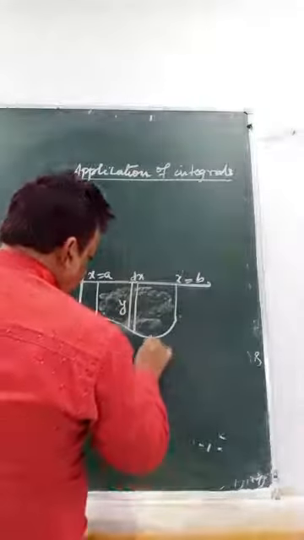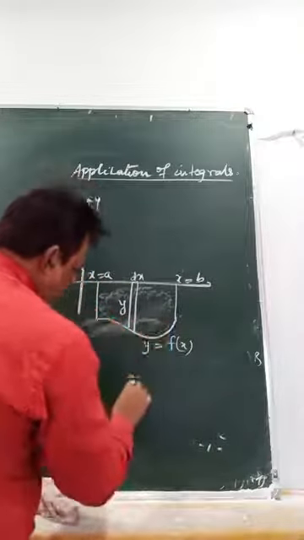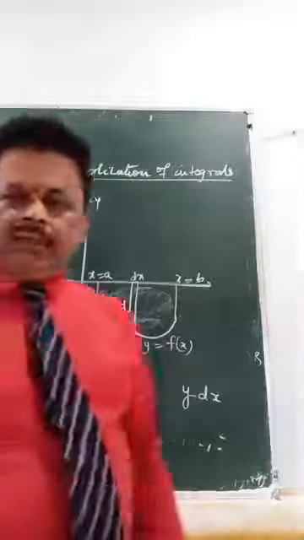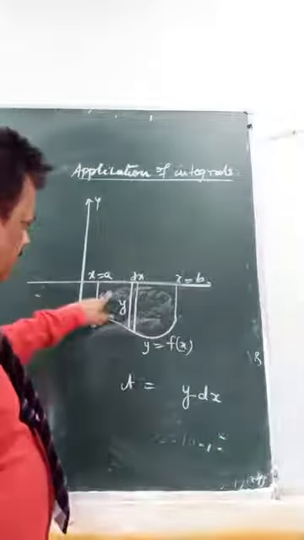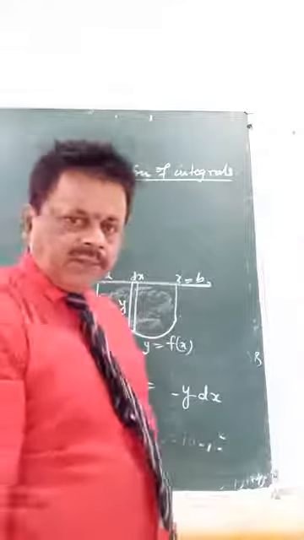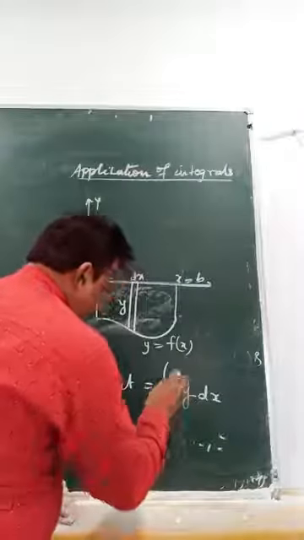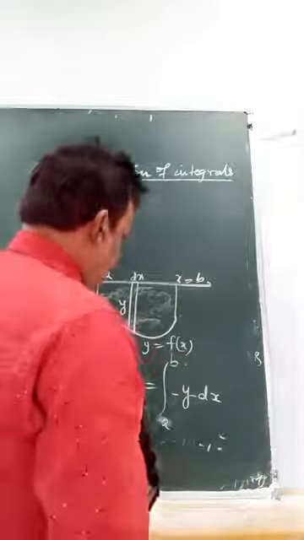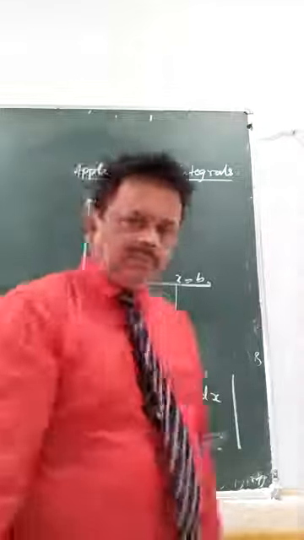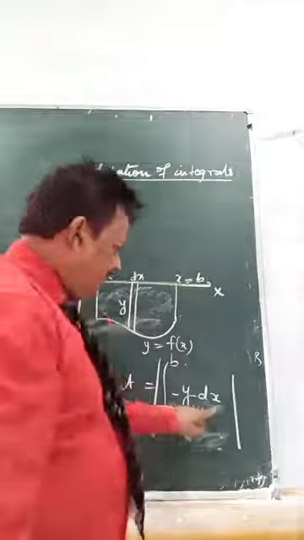So area is y dx, length into breadth, where y equals to f(x) is the curve. Because it is below x-axis, you will take a minus value. Then you have to integrate it from a to b. Then area cannot be negative, so you will take a modulus. Got my point? Below x-axis, negative y dx.